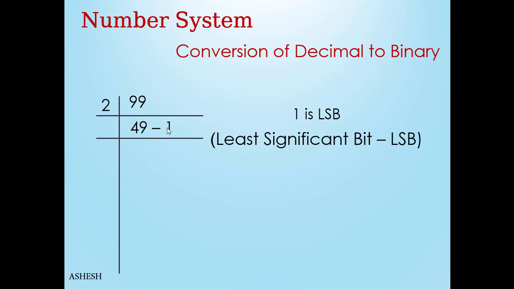Again divide 49 by 2. Then the quotient is 24 and the remainder is 1.